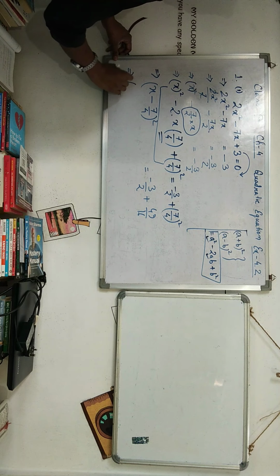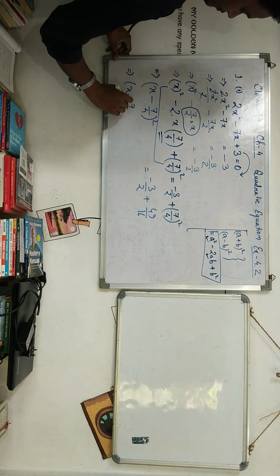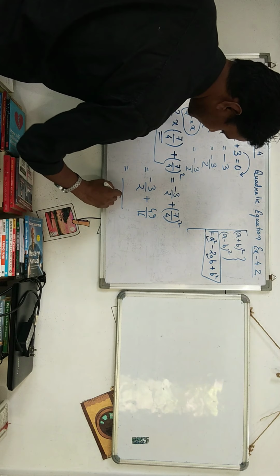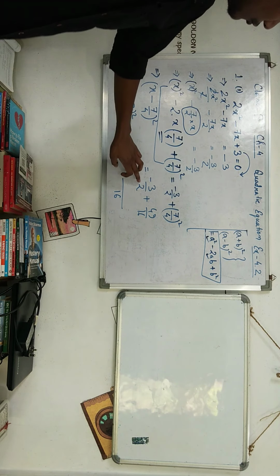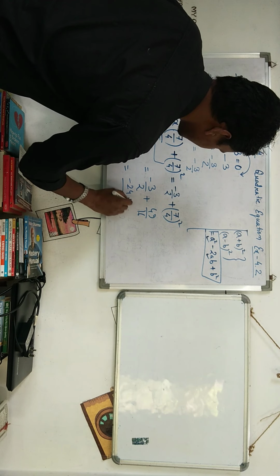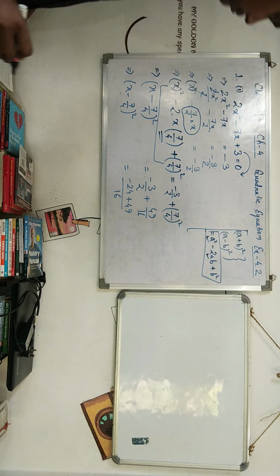Take LCM, 16 is the LCM. So 2 8s are 16, 3 8s are 24, that will be minus 24 plus 49.